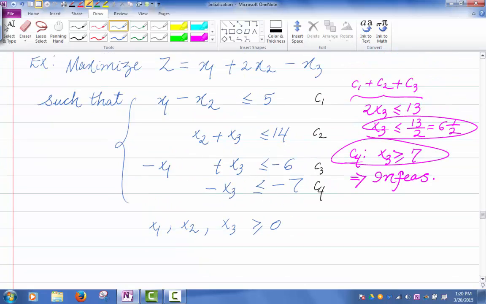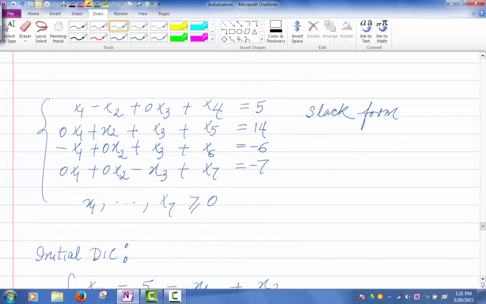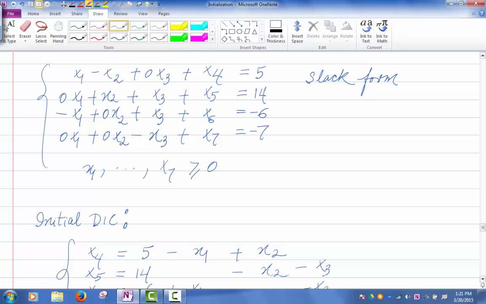So this problem, to begin with, you see that some of the numbers on the right hand side are negative. So let's look at the slack form for this problem. This is the slack form of the problem. All I did is I added slack variables x4, x5, x6, x7, and all the variables are required to be non-negative.